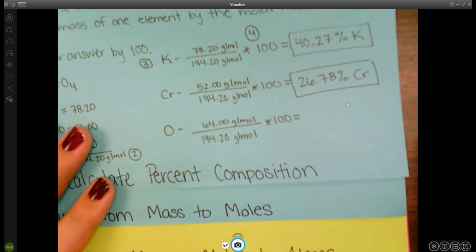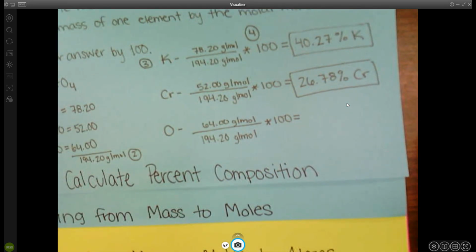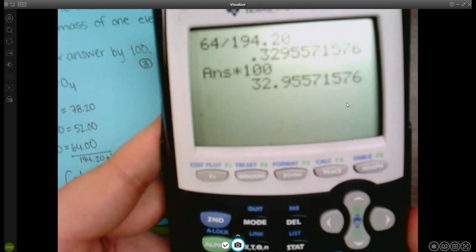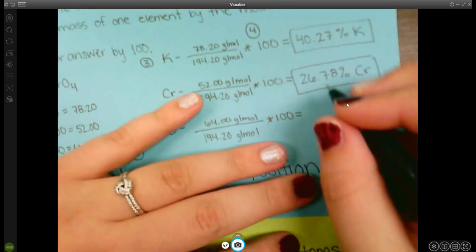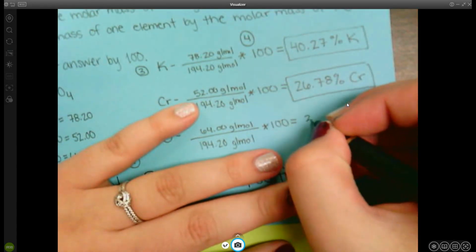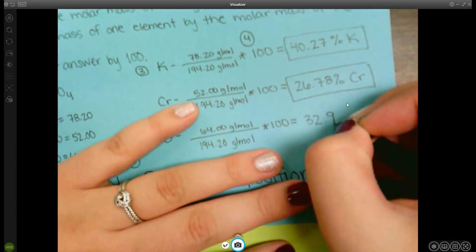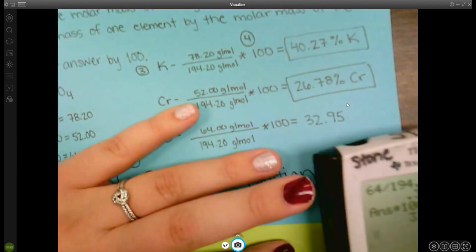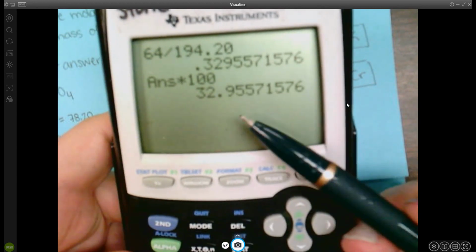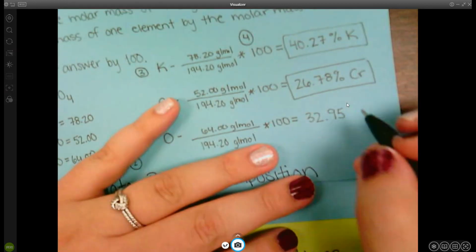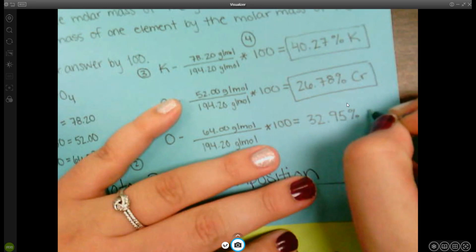Last but not least, the oxygen. So 64 divided by 194.2 times 100 gets us to 32.955. I will round that to 32.95. I'm going to keep that the same. And that is percent oxygen.